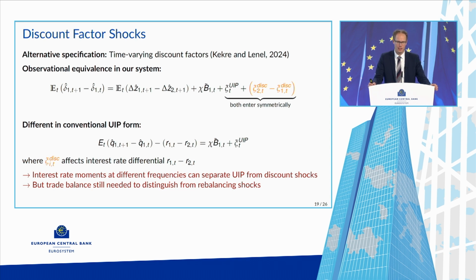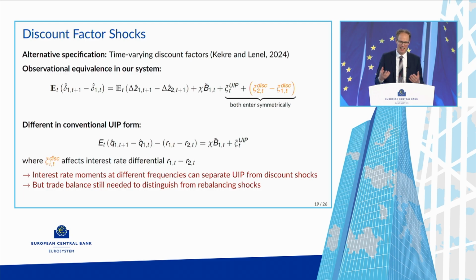So one is that the alternative explanation to the Itskhoki-Mukhin work, but also to our work, is the work by Kekre and Lenel, who went to discount factor shocks as a source of explaining the volatility in the real exchange rate. Now, we can have long conversations about this.